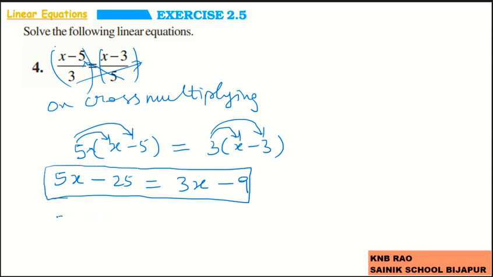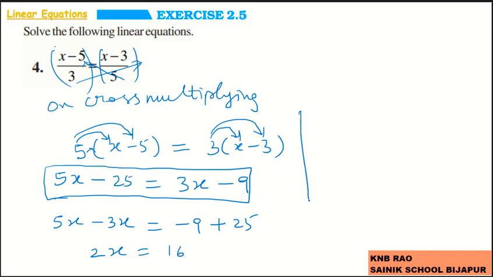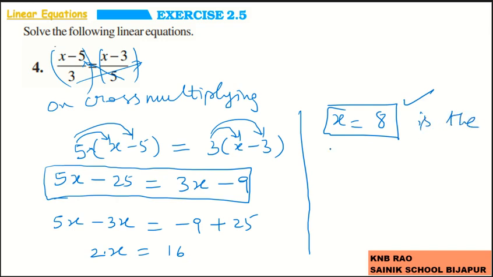Now taking all the variable terms to one side, all the constant terms to the other side, it results in 5x minus 3x equals minus 9 plus 25, 2x equals 16, and it implies x equals 8. You know how that 8 comes? Here 2 is multiplying, if it comes to this side, it divides, 16 divided by 2 is 8, which is the solution.